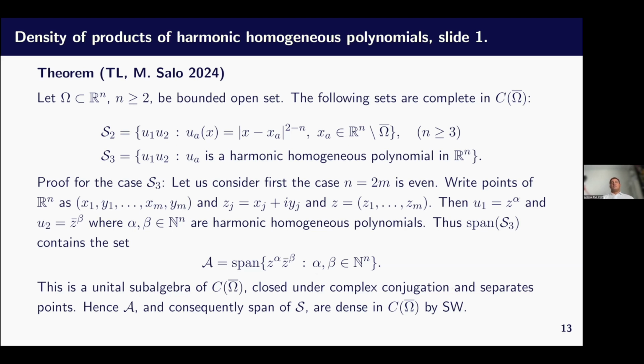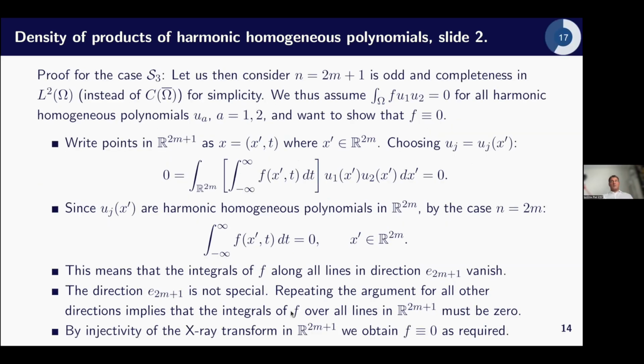To say that you need to work a little, but it's true. So it follows that this A is dense in the continuous functions on omega. And it means that the span of S is also dense, which means that S is complete by the Stone-Weierstrass theorem. So this completes the case where the dimension is even. How about the odd case? The dimension is odd.